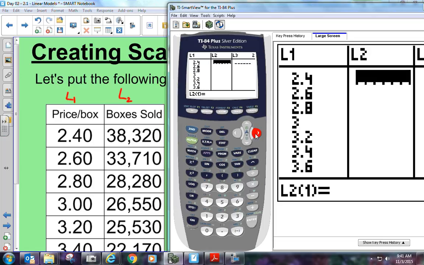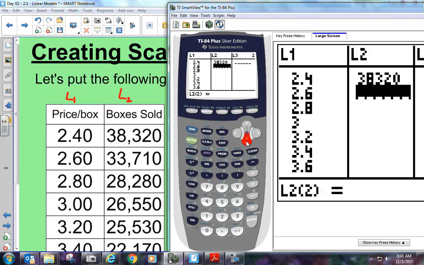Now I need to enter the L2 column. Let's see what it is. It's going to be 38,320.